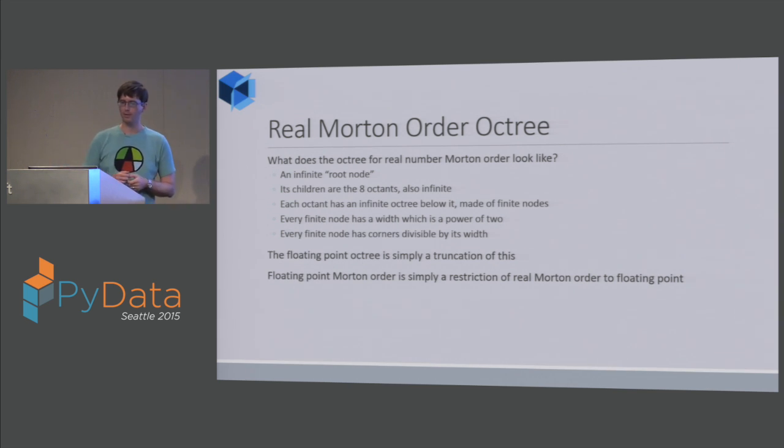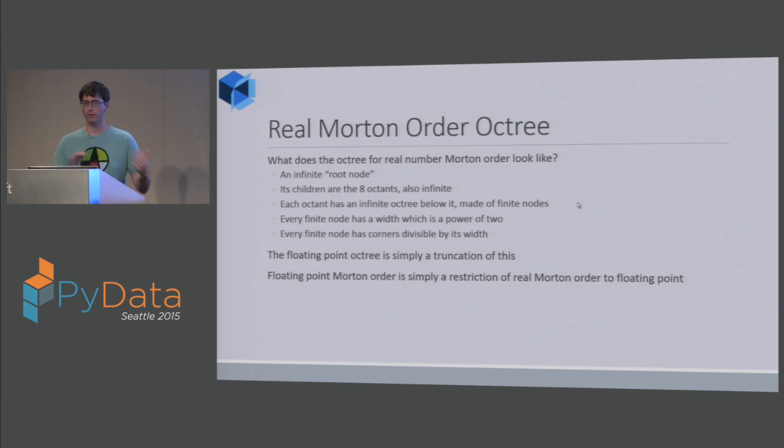Each of those octants has an infinite octree below it that is made of finite nodes. Each of those nodes corresponds to a voxel that's a power of 2 in width, with its corners at coordinates divisible by that power of 2. Theoretically it works out pretty simply. There are some special cases at the top, in the 2 levels of infinite nodes, but it's pretty straightforward otherwise.